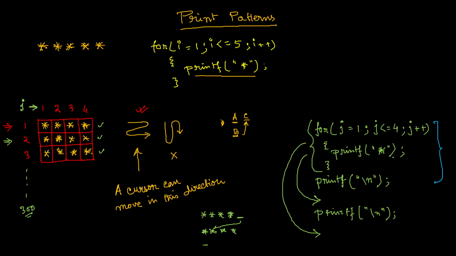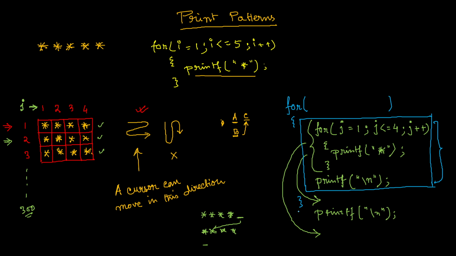So I can say, if you somehow re-execute this set of code 3 times, then your job is done. And what is the easiest way to do this? Simply put one more for loop above this, and keep the whole statement in between that. Depending on the number of lines you have to print, you will simply re-execute this.